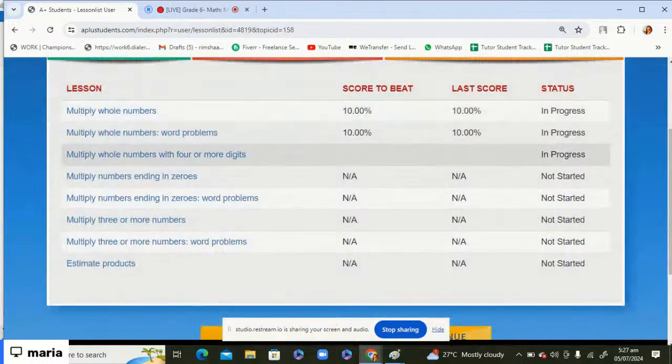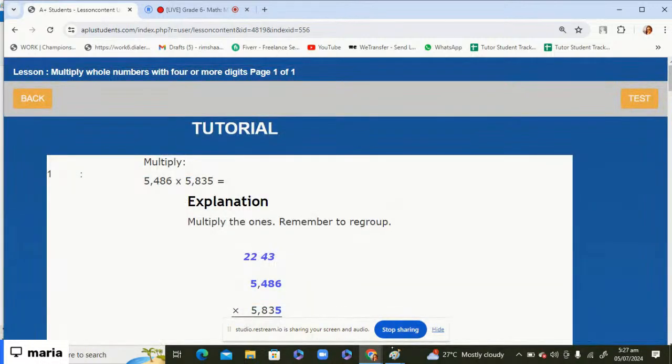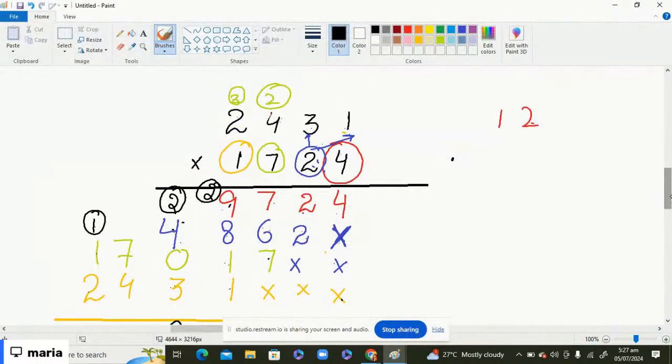Let's just start the next lesson. Multiply whole numbers with 4 or more digits. We already did it, sorry. I think we are going to solve one more question for that. I'm going to write a question here, then we are going to solve it.